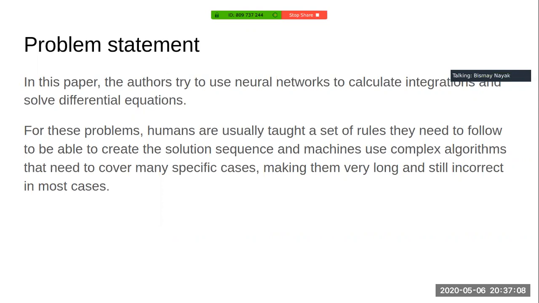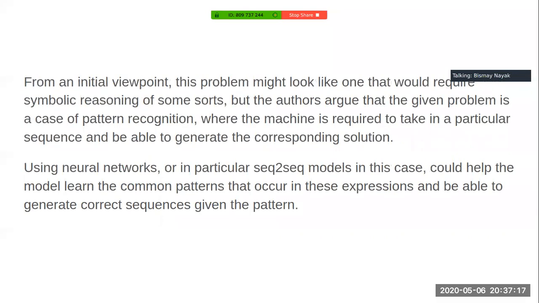Given that this is a problem of rule-based inference, how do we solve it using neural networks? Now, the authors argue that the given problem is a simple case of pattern recognition, since to calculate the integral for a particular expression, what we need to do is just find some kind of pattern in that problem and replace it with another pattern, right?